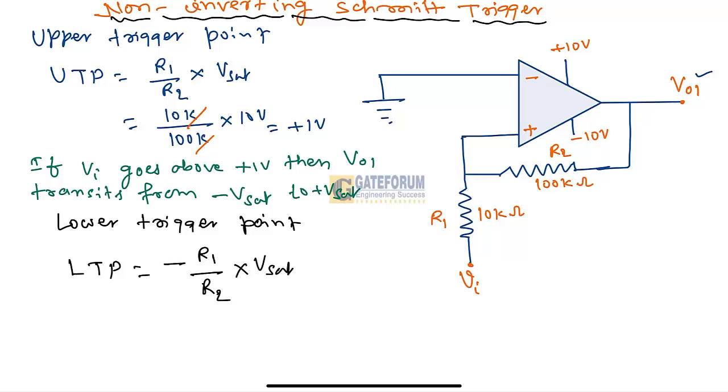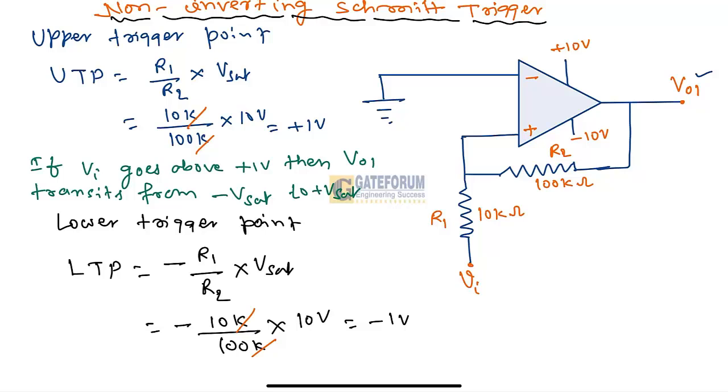This minus sign is because of minus Vsat. Substituting, R1 is 10K, R2 is 100K, and Vsat is 10 volt. After doing this calculation, this becomes minus 1 volt.